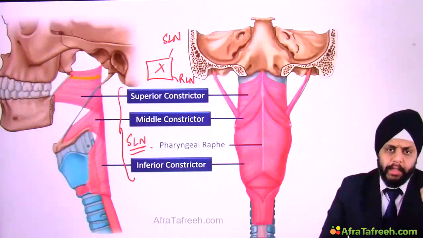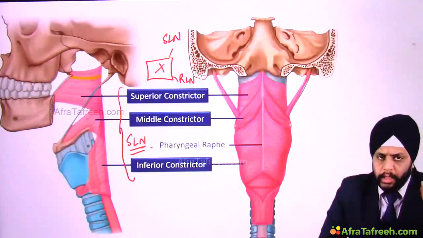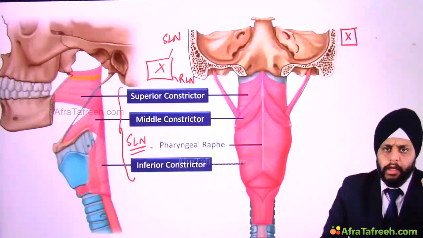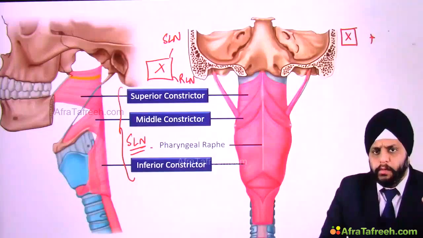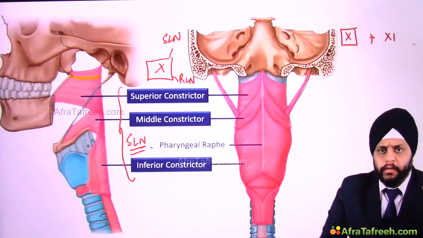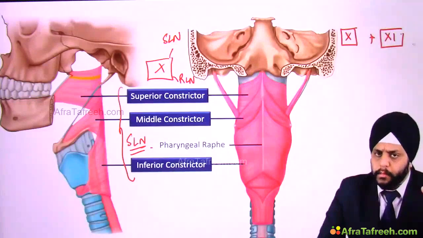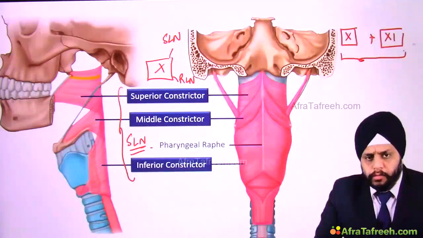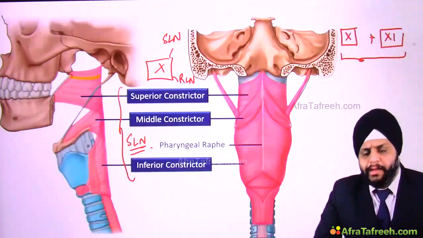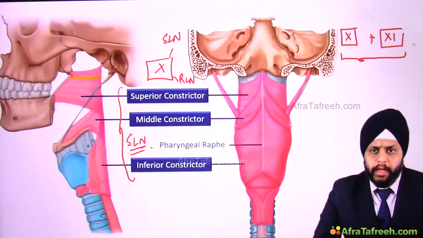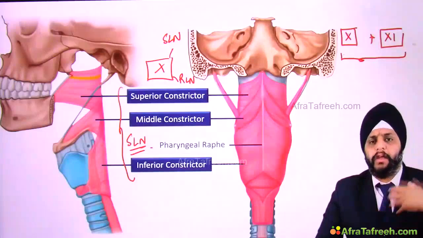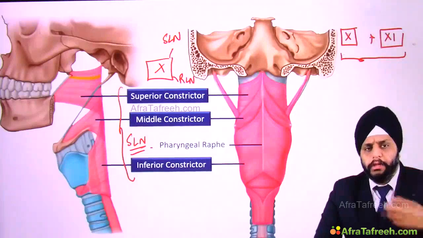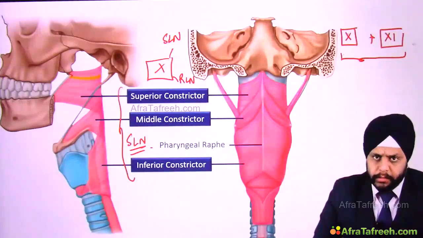But in the pharynx, the vagus, the 10th cranial nerve, forms an anastomosis with the 11th cranial nerve, that is the accessory nerve. So that is known as vagus accessory anastomosis. Now from this vagus accessory complex, the accessory nerve gives its fibers to the vagus, and through the superior laryngeal nerve, they come and supply these constrictor muscles.